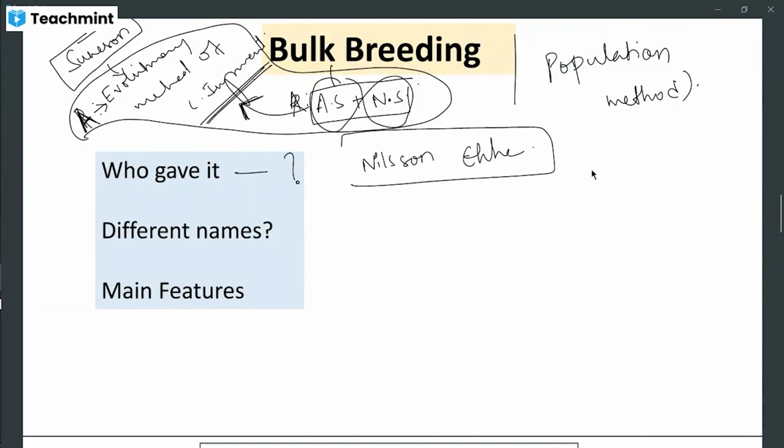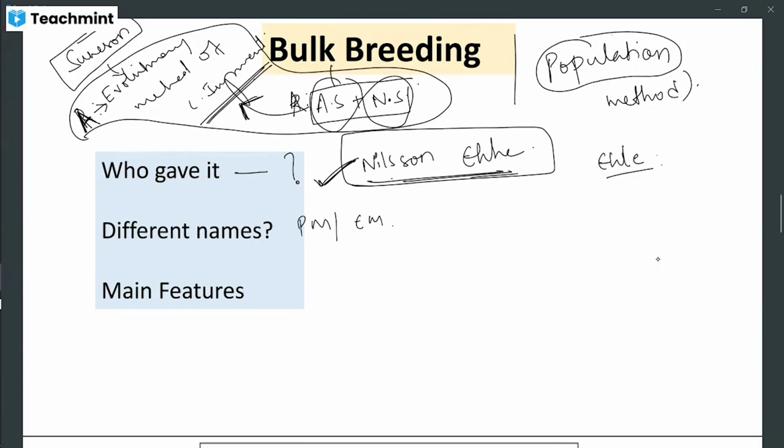So please remember the scientist's name. The pedigree breeding scientist is not so important, but for bulk breeding, it is important. Nilsson-Ehle, so please remember it. Different names are, just like, the population method and the evolutionary method, etc.